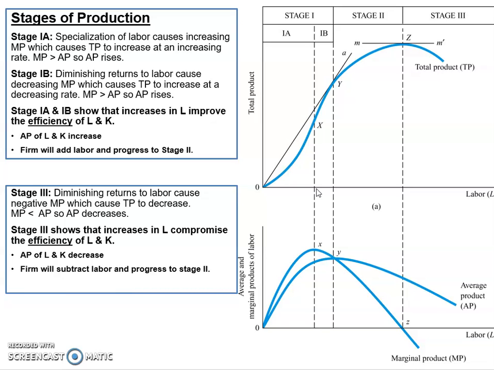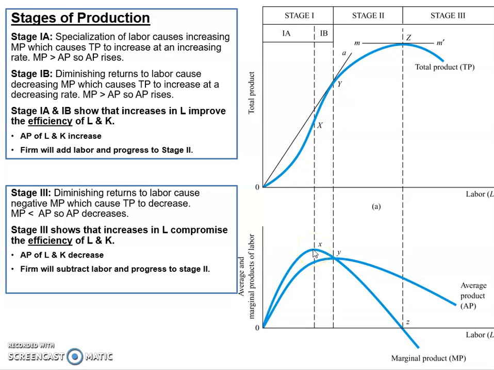The front of house cashiers are specialists. The fryer workers are specialists. And they get good at their respective jobs, and that shows up in stage 1A as higher total, higher marginal, and higher average product. When we get to stage 1B, those benefits of specialization are starting to wear off.